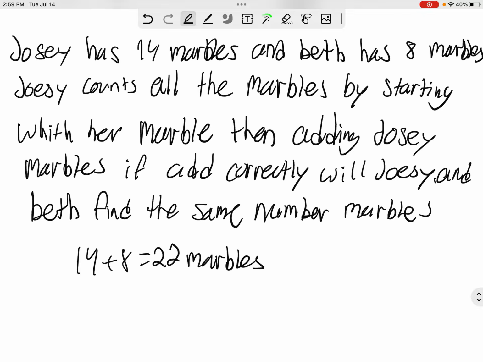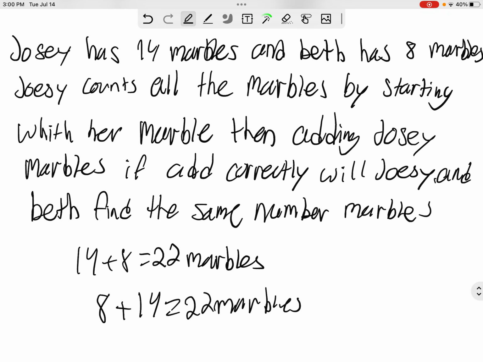Then Beth starts with 8 and adds 14, which gets the same amount of marbles. So they find the same amount of marbles. This shouldn't be a surprise, no matter how we count the marbles, there's always the same number. This example in problem 1.2 is the obvious, yet important, commutative property of addition.